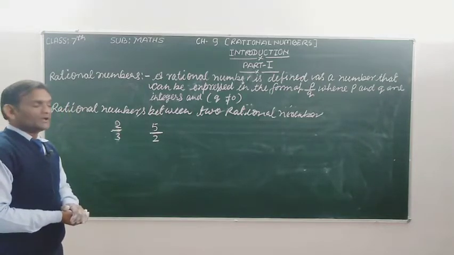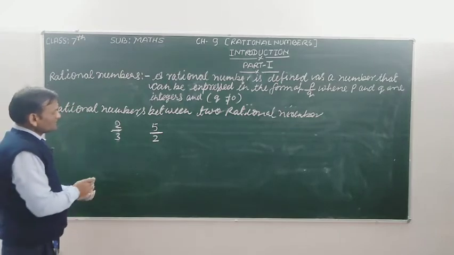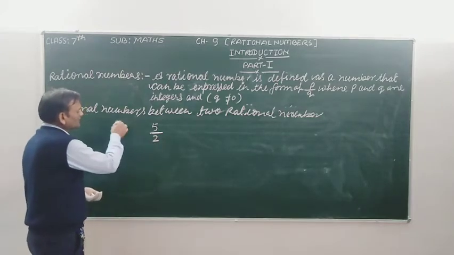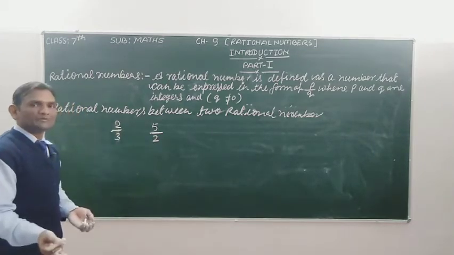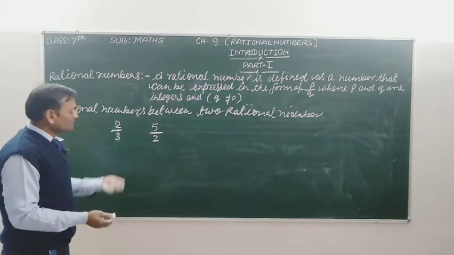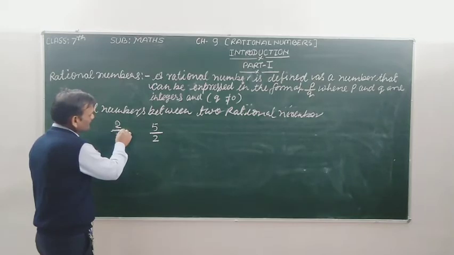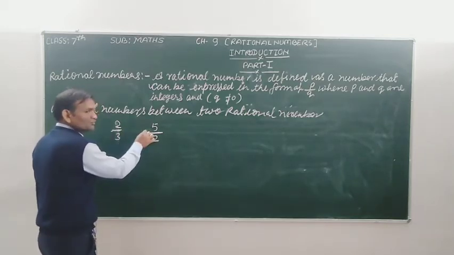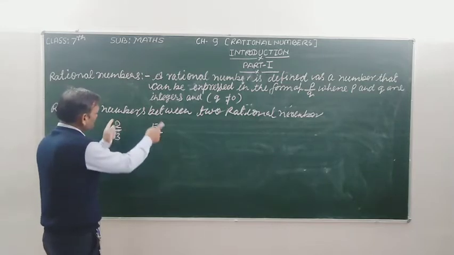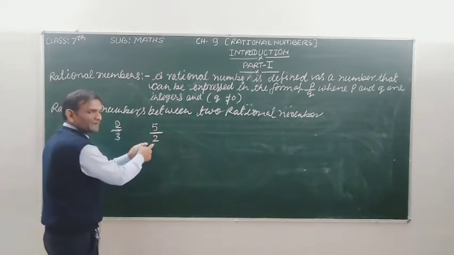So student, firstly we make the denominator the same. We need to write the rational numbers which are present between 2/3 and 5/2.